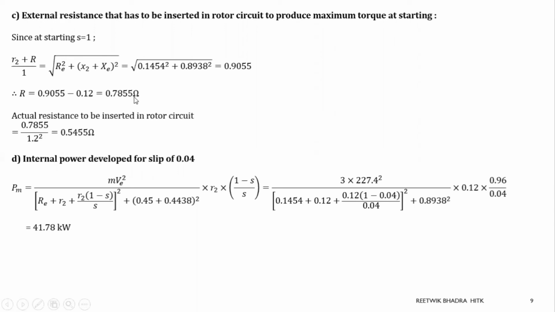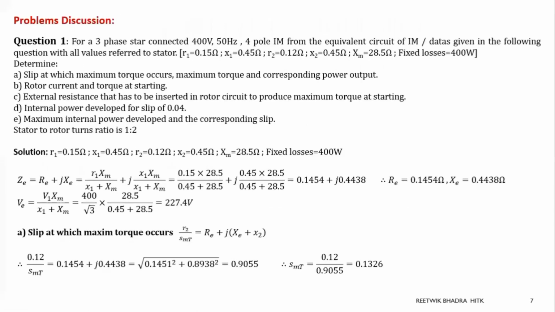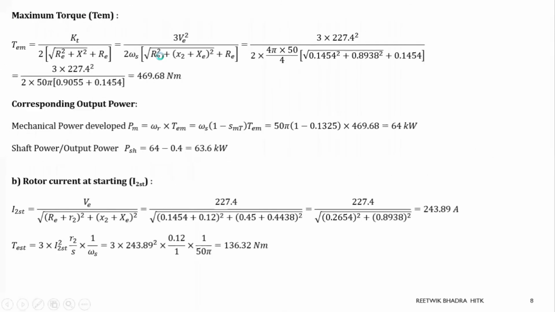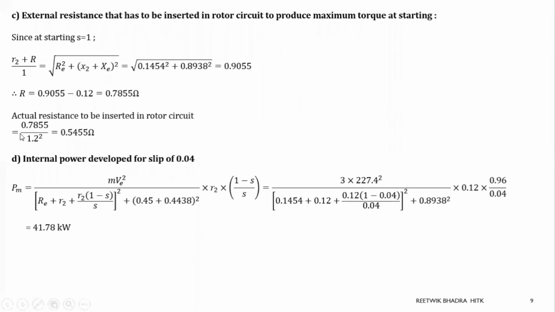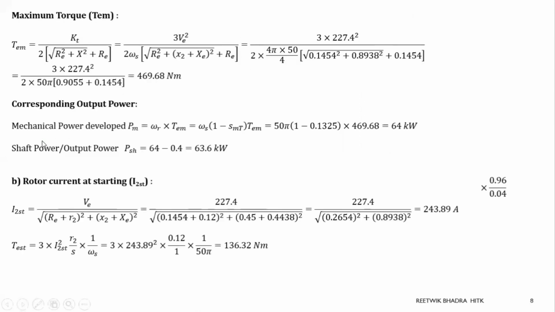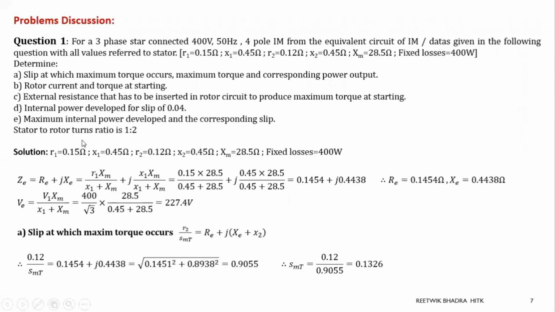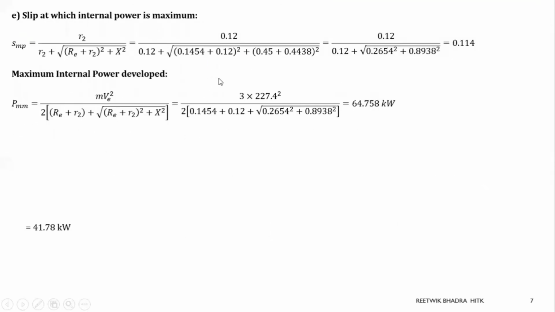Now this value is obviously referred to the stator side, because in your question it is said all values are referred to stator. So if you bring it to the rotor side, you divide it by k square. So 1.2 square is given over here. Stator to rotor, this will be 1.2. That's why I've used it over here.